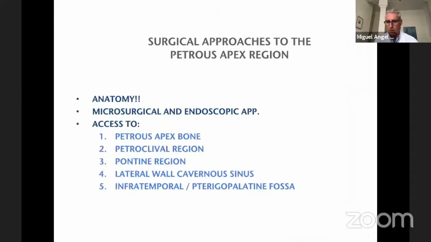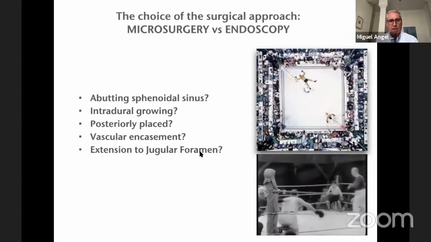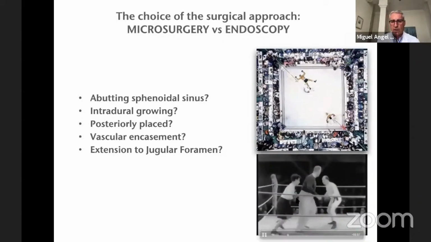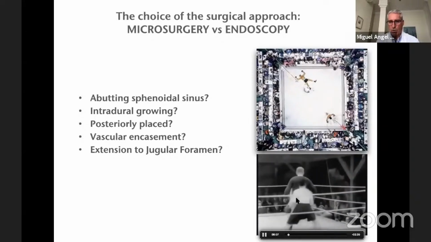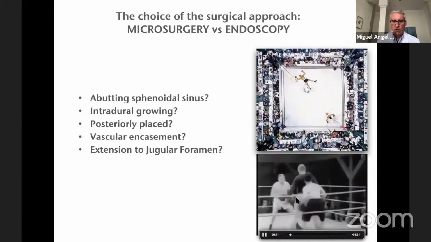You can see how you can make the choice for microsurgery or endoscopy, taking into account whether the lesion is abutting a sphenoidal sinus, that makes the lesion very easy to be removed, whether or not intradural growing, how far and how posterior the lesion is, whether or not there is vascular encasement and extension to jugular foramen. You can see just below, bottom right, the fight between endoscopy and microsurgery.